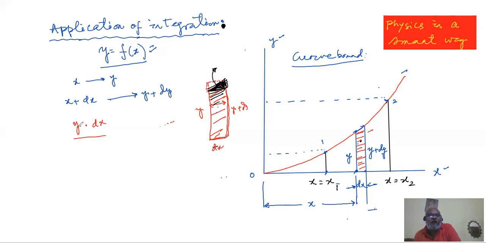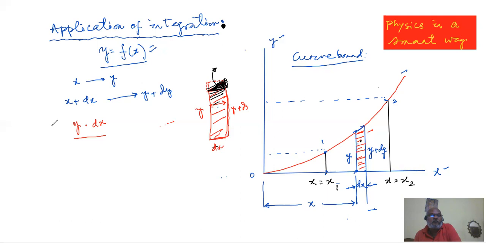But if you take y dx, that is very close to the exact area that we are considering. And again, I have to remind you, physics is the science of approximate measurement. You may not find the exact thing, but if you go for a near about thing, which is very, very close, then we must be satisfied.